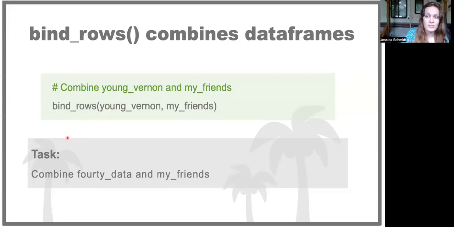So please keep in mind those distinctions, because I don't want you accidentally overwriting things or wondering why on earth you don't have your new youngVernon, myFriends combined data set. Well, it's because you didn't name it. You didn't actually take it and assign it to any name and put it in your global environment.